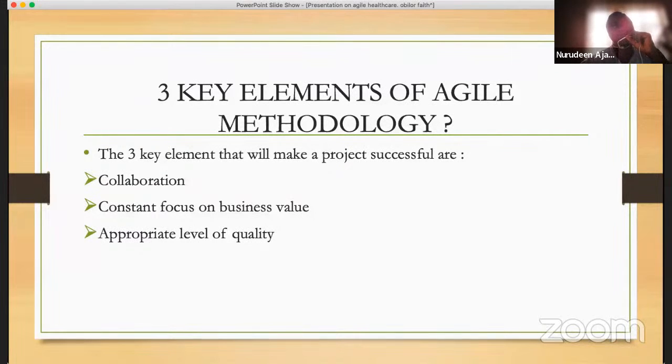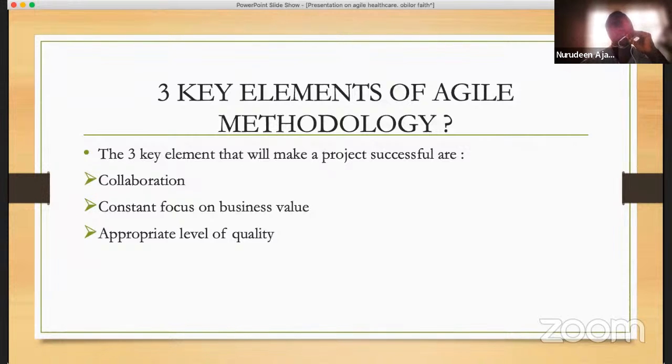Or they might have been practicing something like that but don't actually know that is what they are practicing. Or do you want to have a conference where the doctors and other healthcare personnel will be taught what agile methodology is all about? Or do you already have something like an agile project manager in a healthcare facility? So that is my first question.